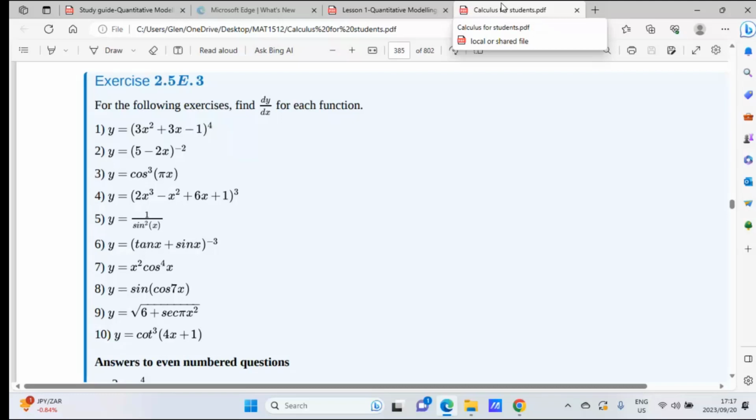All over 2 times the square root of, guys, can you hear me? Yeah, we can hear you. 2 times the square root of what? 6 plus sec squared tan x.